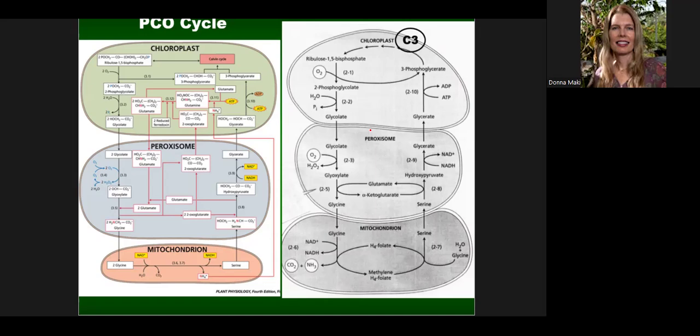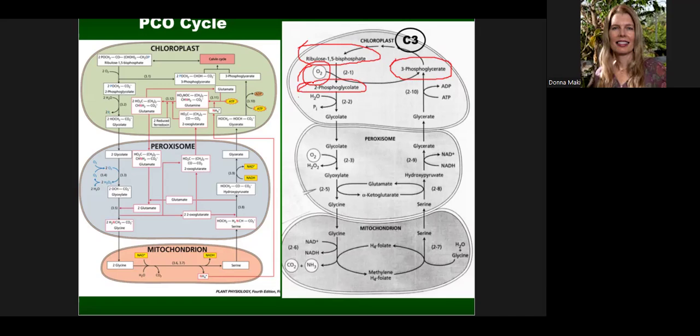Then I'd like you to know what kicks it off, which we've been talking about. It's this idea where you have RuBP and oxygen reacting instead of the CO2. And the 2 products are shown here too. With that happening, you get 1 PGA and 1 phosphoglycolate.